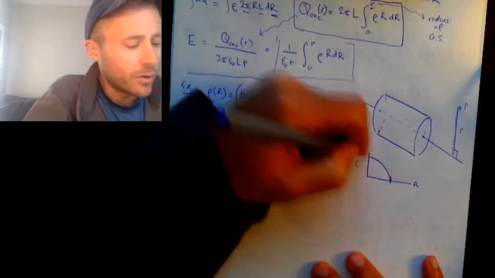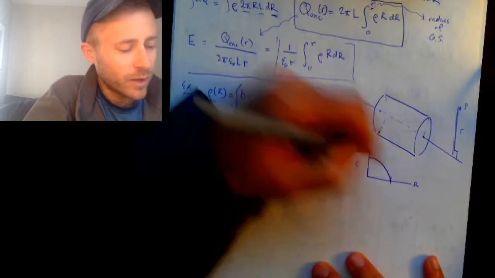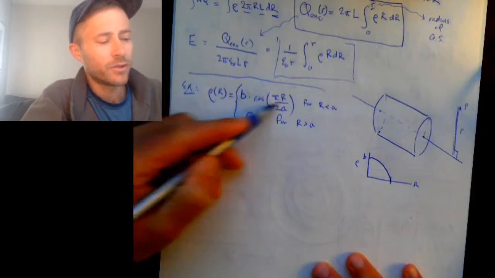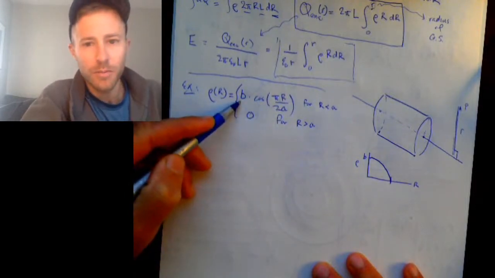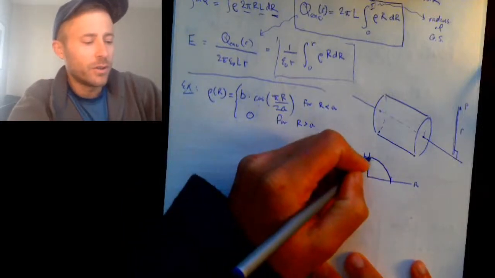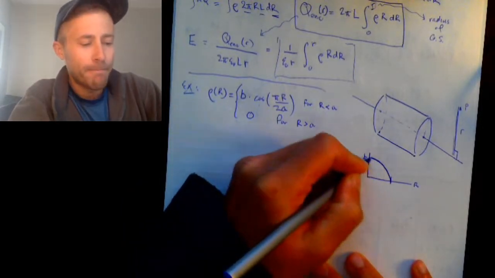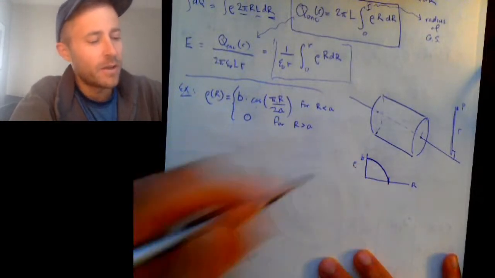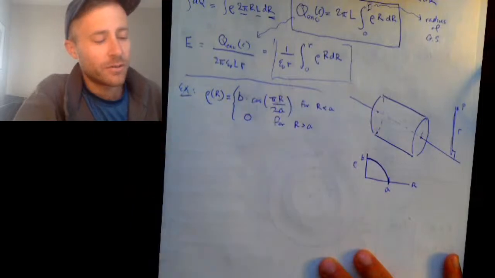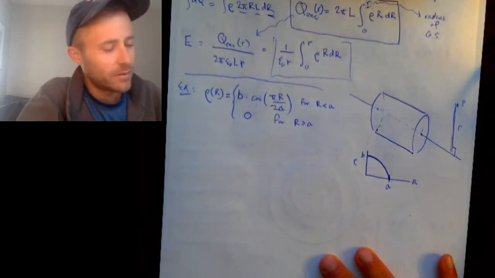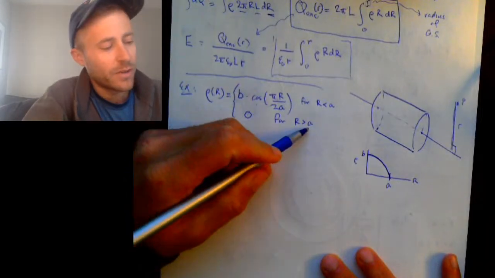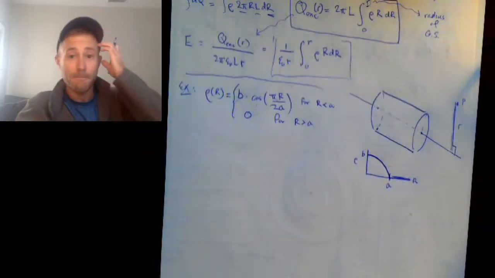So it starts out at a value B, because cosine of 0 is 1, and that's multiplied by B. Then it goes to 0 in its cosine way, and it gets to 0 after an amount a. And then if big R is greater than a, it just stays at 0. So it just does that.